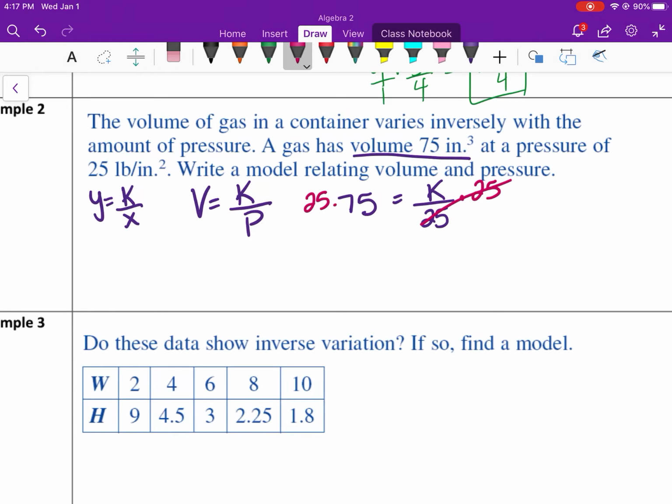So 75 times 25 is going to be 1,875. That's your constant of variation, which means your formula then for volume will be 1,875 divided by pressure. So that's the model that relates volume and pressure.